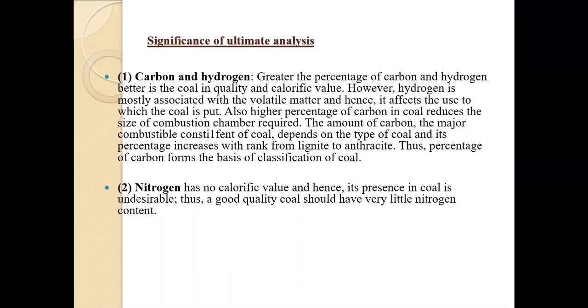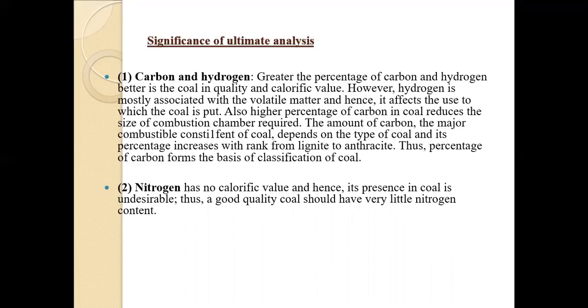If carbon and hydrogen percentage is more, then the calorific value of the coal will be more, which indicates that the quality of the coal sample is very good. But hydrogen is mostly associated with the volatile matter, and hence it affects the use of the coal for industrial applications.